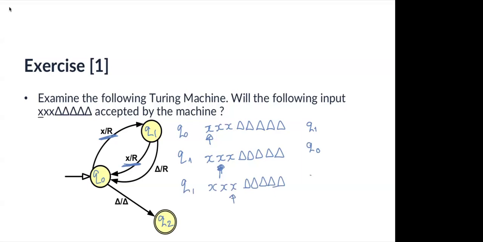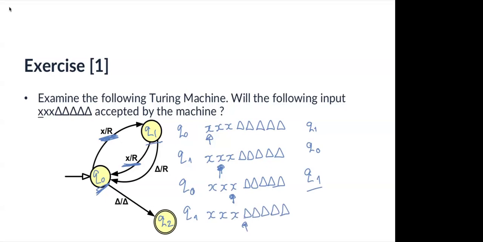From Q0, we will go to Q1 because we are reading X, and the tape head will go to the right.